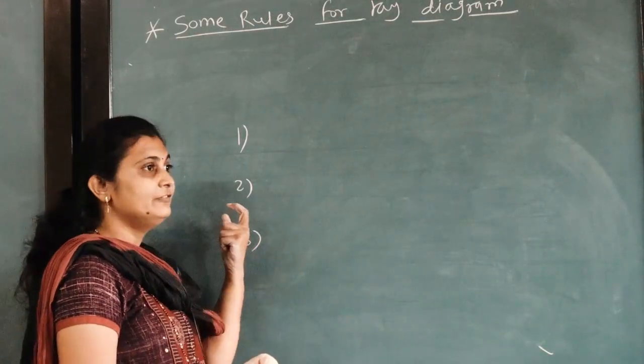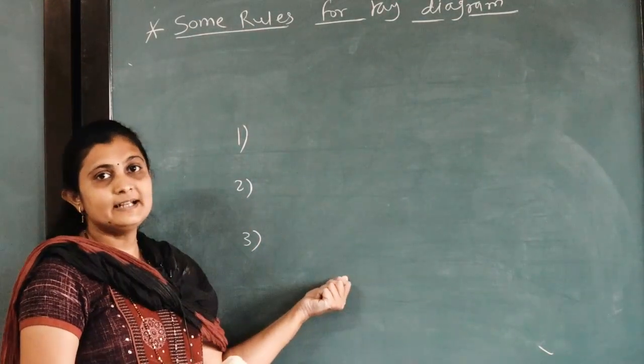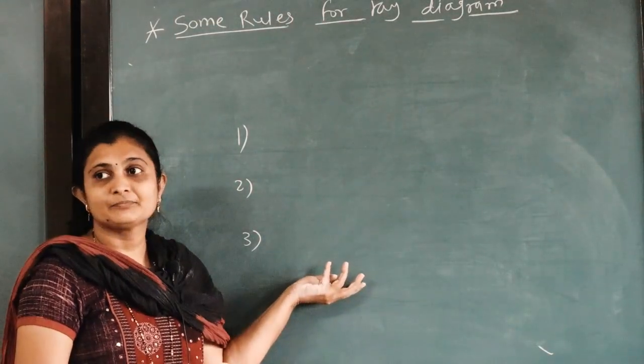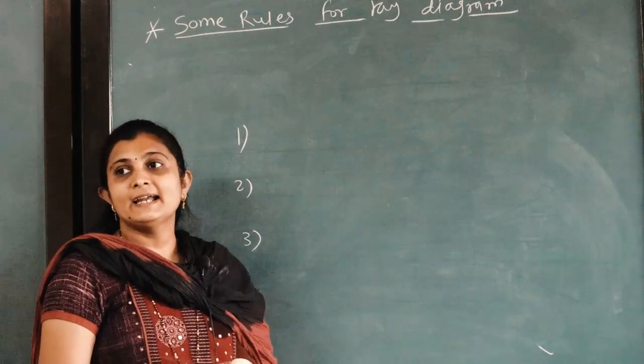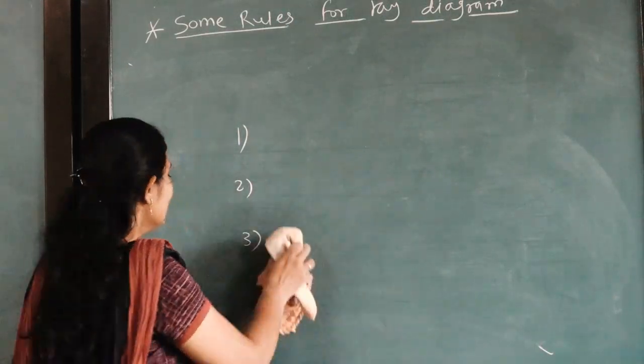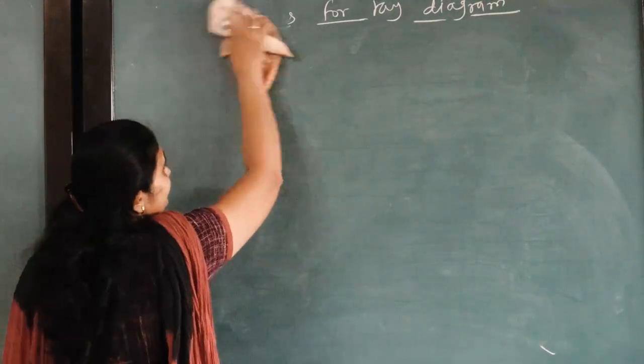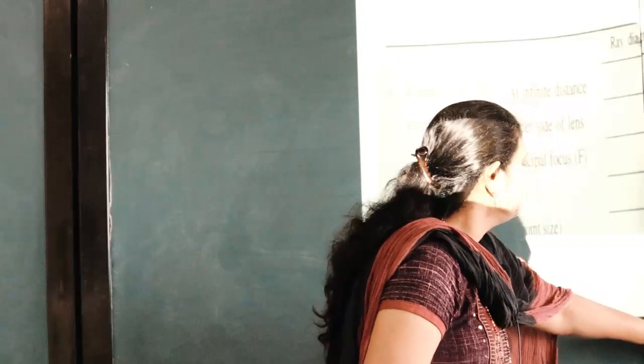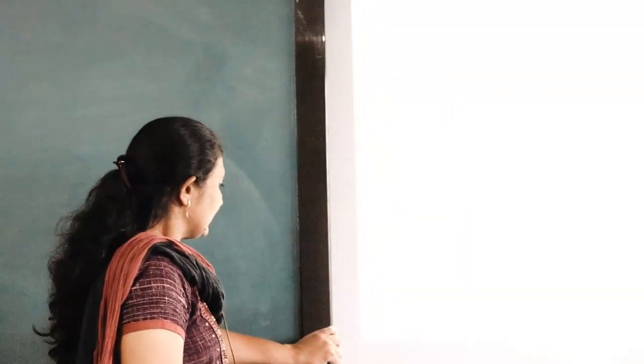And the last one, if it goes through the optical center, then it doesn't change its path. Now we will see the ray diagram for concave and convex lens. This is the first one.